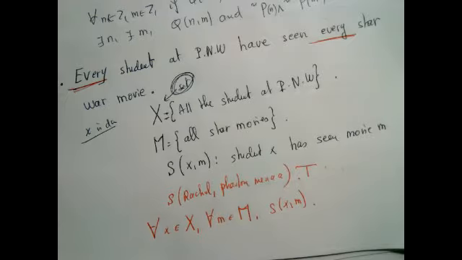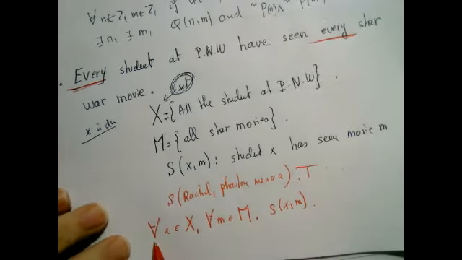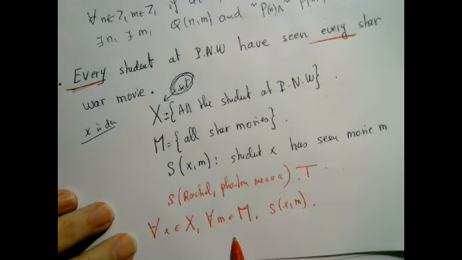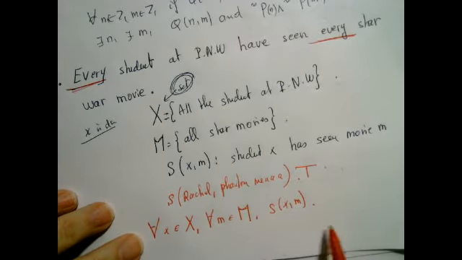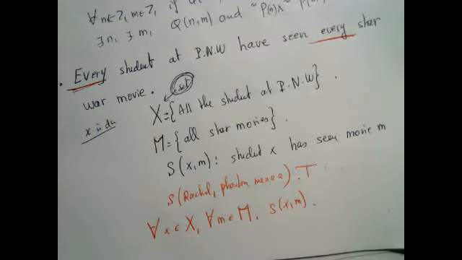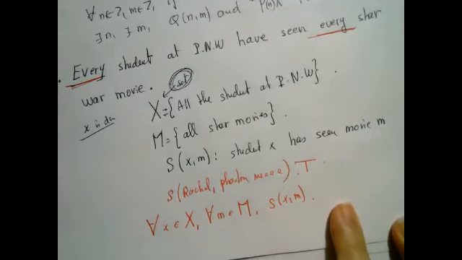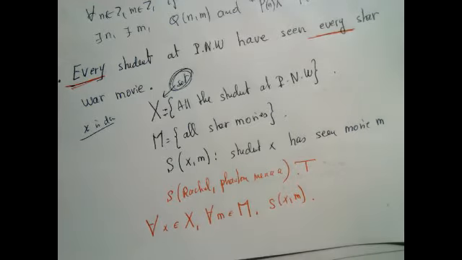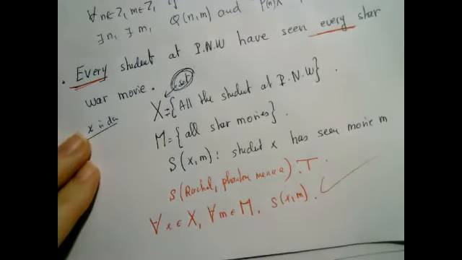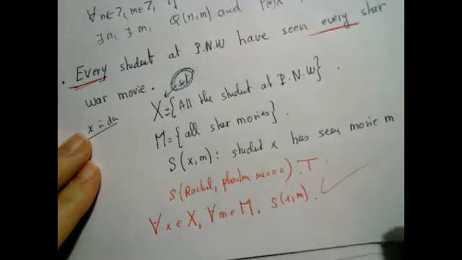And then the negation: there exists a student and there exists a movie such that the student hasn't seen the movie. There exists a specific student and a specific movie that this student hasn't seen. You have seen other movies, but not this very specific one. Okay, questions about that before we proceed? It's your last chance. Good.